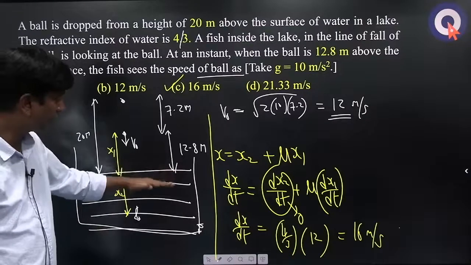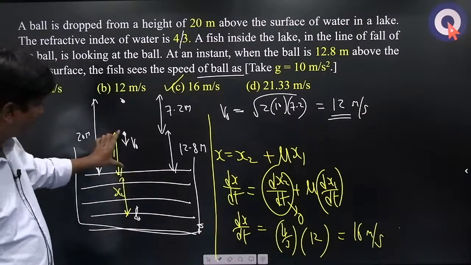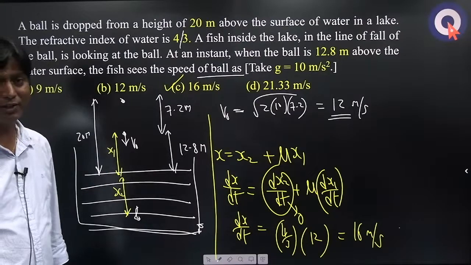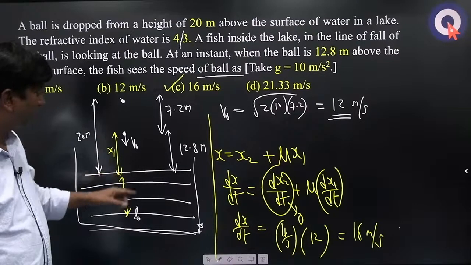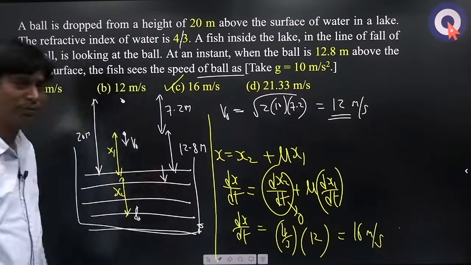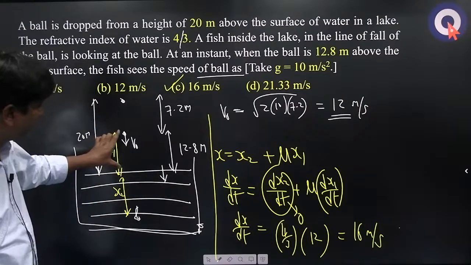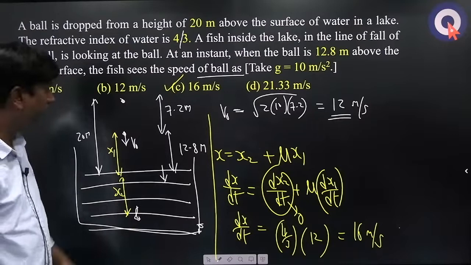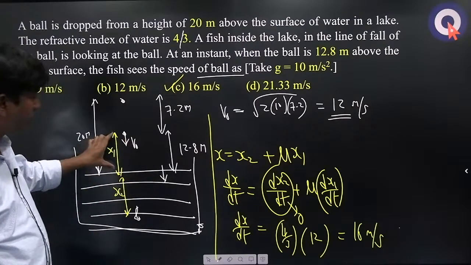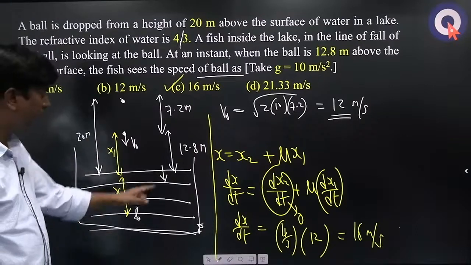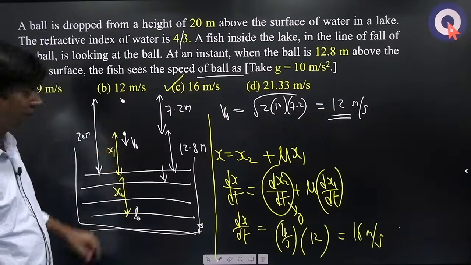When the water level is dropping down, this distance will increase or decrease accordingly. You have to check it, right? So this level will drop with some speed, and x1 may increase or decrease. If this speed is greater than this speed, then the value of x1 will increase, and if this speed is less compared to this, then x1 will decrease.